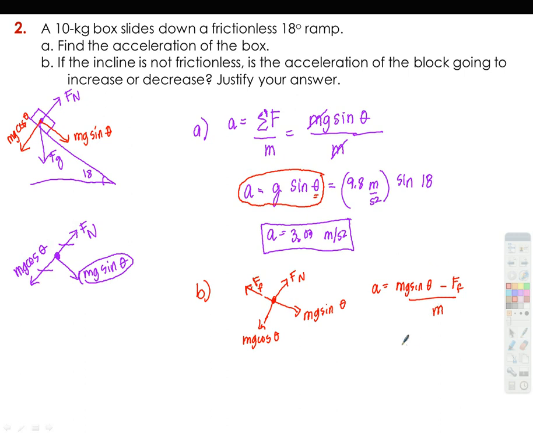So you will see that your a will decrease.